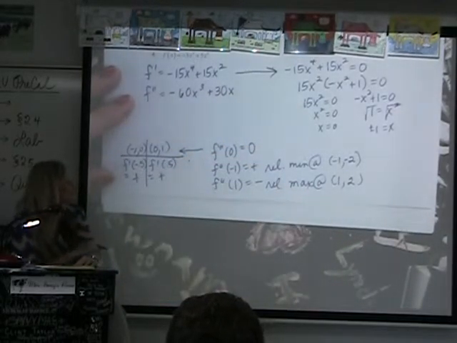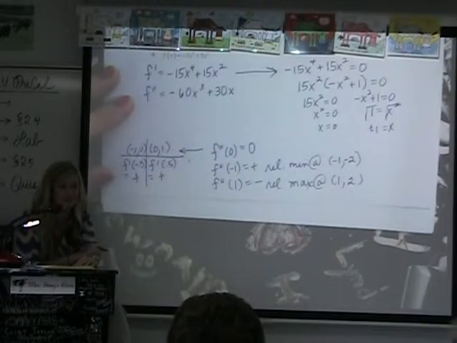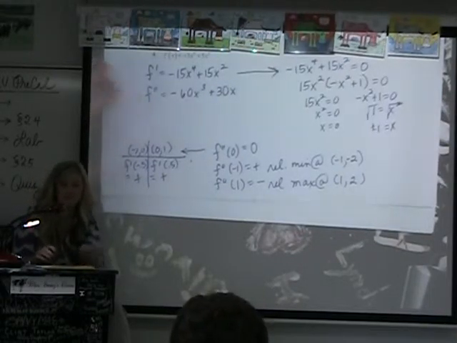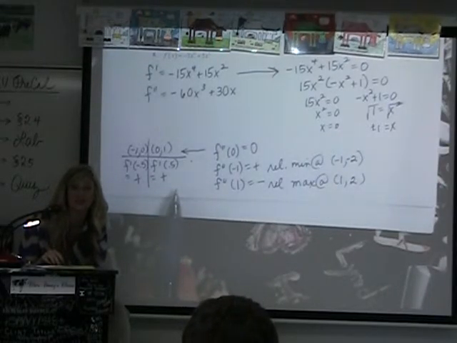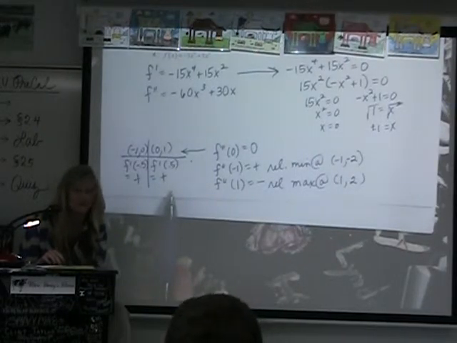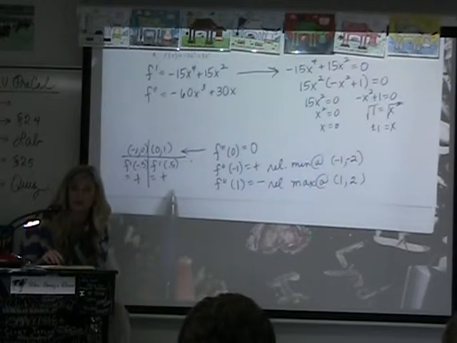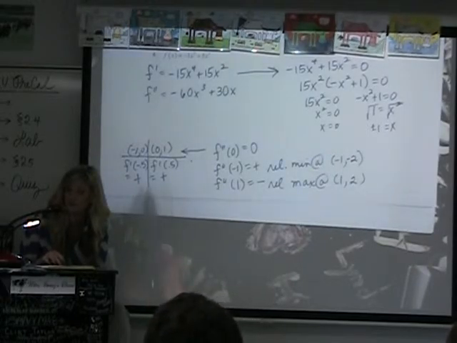They do turn out to be both positive, but that just means that there's no relative extrema, right? If it had gone from positive to negative, there would be a relative max there. If it had gone from negative to positive, there would be a relative min there by the first derivative test.